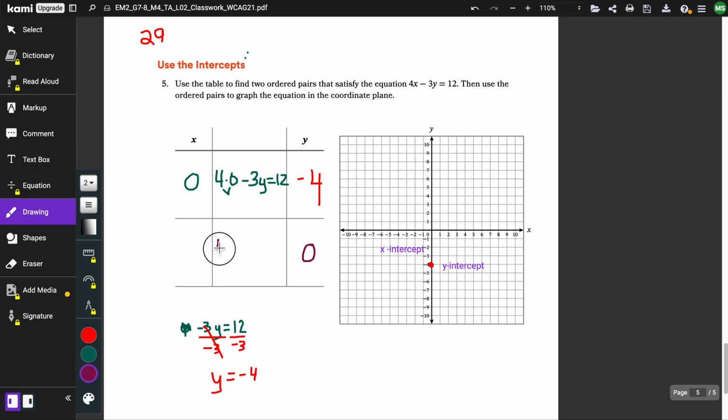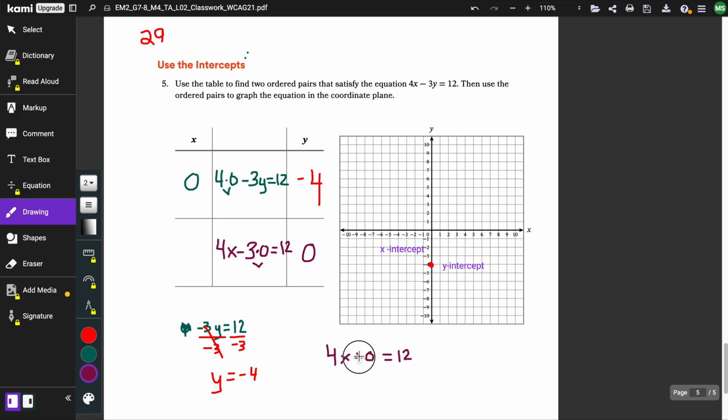So I'm going to rewrite the equation, but instead of putting the 0 in for x, I'm going to put it in for y: 3 times 0 equals 12. Okay, so same thing. I'm going to start off by doing 3 times 0, which is 0. So I'm left with 4x minus 0, which I don't really need, equals 12.